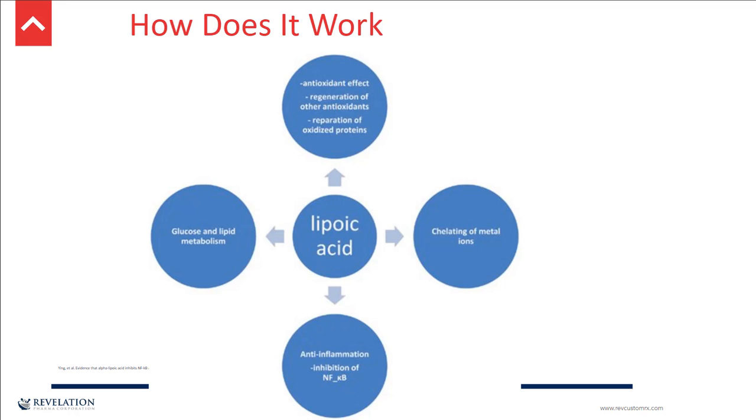Then you've got glucose and lipid metabolism, which we'll get heavily into, as alpha lipoic acid is heavily used for improving insulin sensitivity, various areas of diabetic therapy and weight control. Then it can also be a chelator of metal ions of various sorts to different affinities. And then it has a great overall anti-inflammatory effect through inhibition of NF-kappa B.